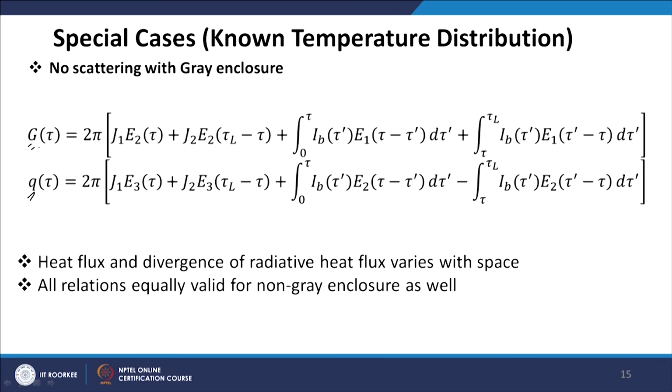The good thing is that in many problems the solution is iterative. Even in the furnace problem, we assume the temperature is known, find the heat flux and the divergence of heat flux, and check the overall energy balance. If the overall energy balance is not satisfied, we increase or decrease the temperature.